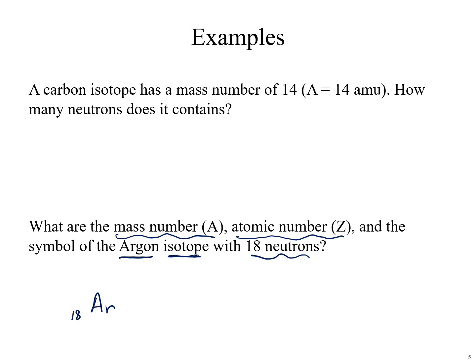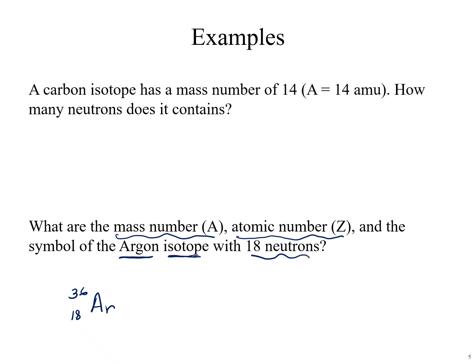So when you're writing down the symbol for an isotope, on the left side, on the bottom part, you have that atomic number. And then on the top part, you're going to have the mass number. For the specific isotope that you're looking at in this problem, the mass number is going to be 36 because your mass is coming from the addition of your protons plus the neutrons.